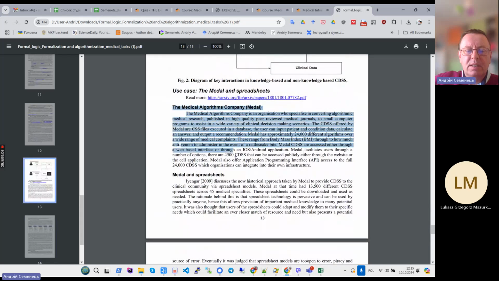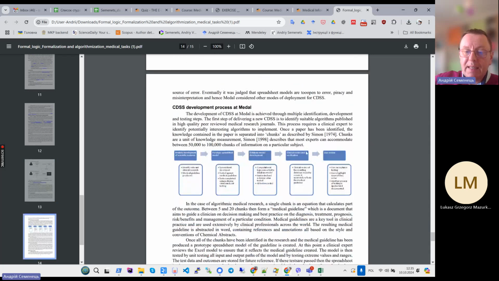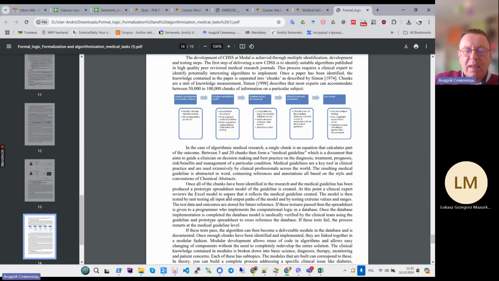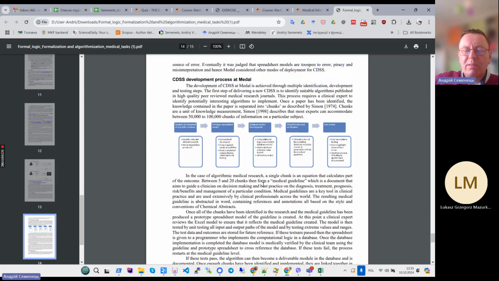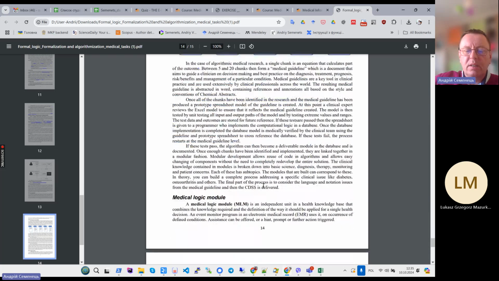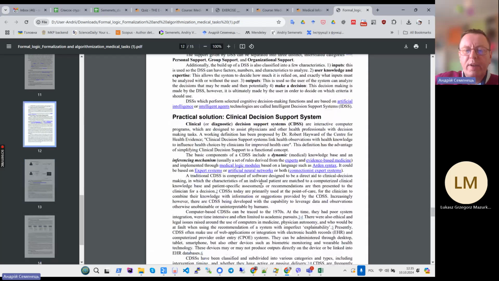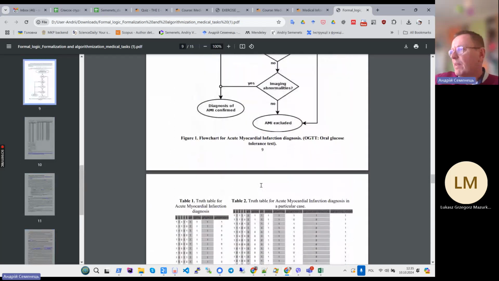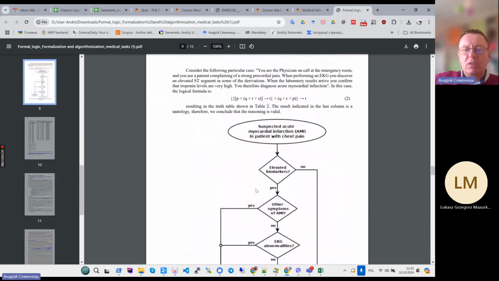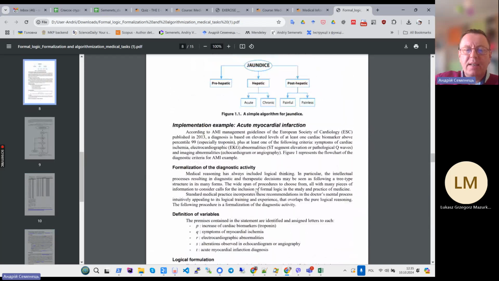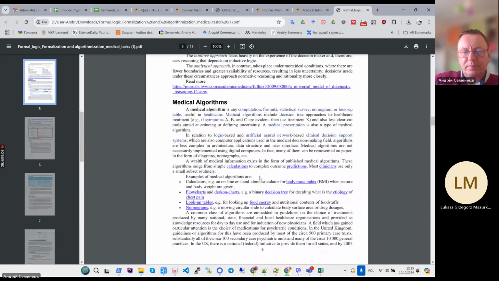And here is a considered case with the MIB project, which uses a spreadsheet to create some mock-ups, a preliminary simulation of their new algorithms. So here is how we can integrate all this together: medical algorithm, spreadsheet, flowcharts, CDSS, and formal logic.